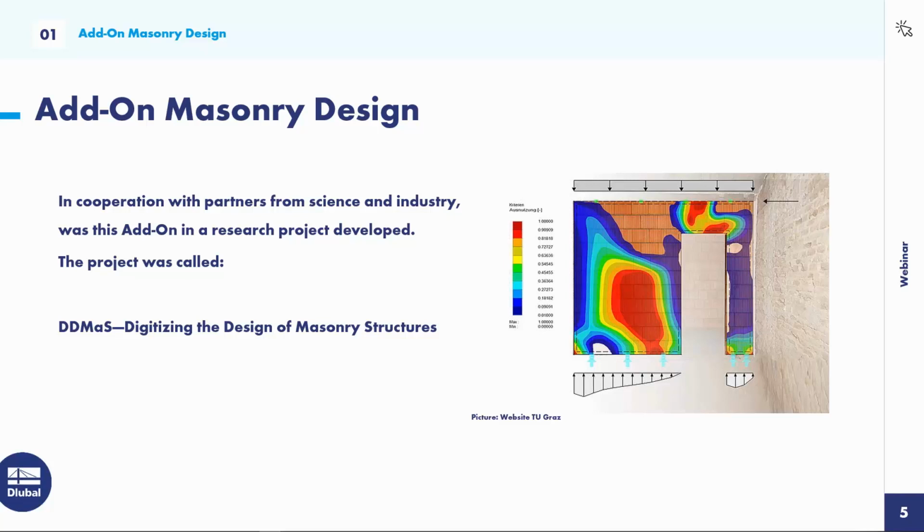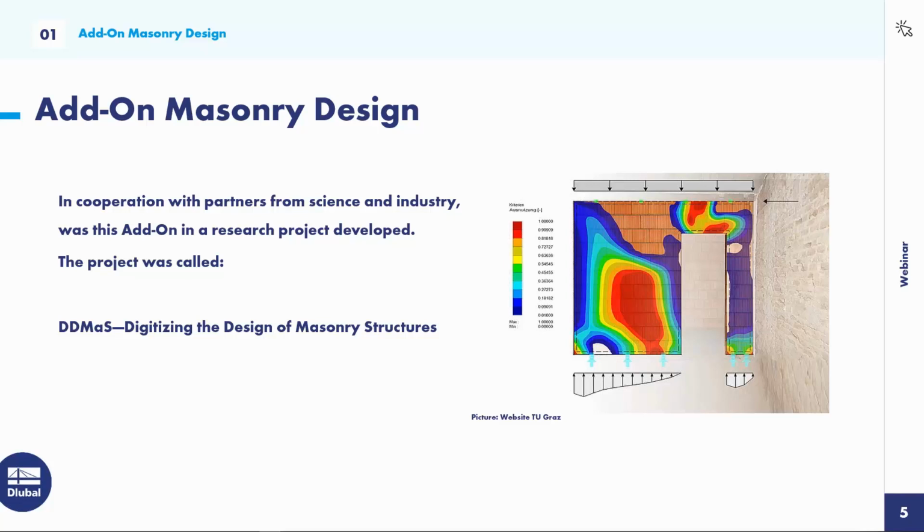The main project partners were the Institute of Structural Design at Graz University of Technology, the BRIC Initiative or the Association of Austrian Brickworks, the Ziviltechniker Büro Dr. Pech in Austria, the Werkram engineers in Vienna, and the company Wienerberger.